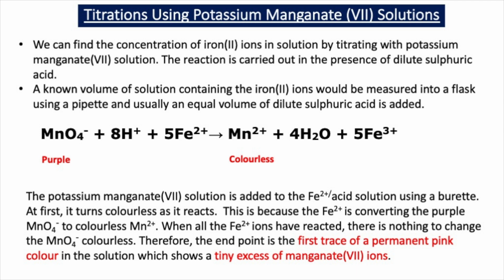Therefore, the next drop that you add from the burette will turn the solution in the flask permanent pink in colour, because you will have an excess of the oxidizing agent. We often refer to this reaction as being self-indicating because no additional indicator is needed here.